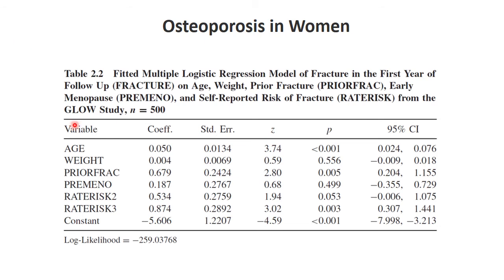We notice that a few of these z statistics are high, which means they are very significant, and some of them are low, so they are much less significant. Then we have confidence intervals, and you notice that insignificant values have confidence intervals that include 0 as a value.